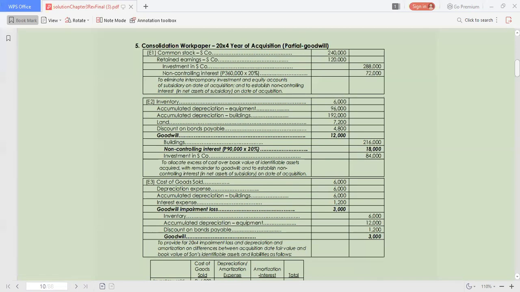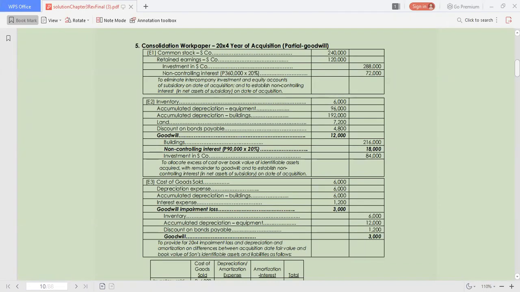Now, likewise, we credit buildings for 216,000 and non-controlling interest at the rate of 18,000. We are crediting non-controlling interest for another 18,000 and credit investment in S company for the amount of 84,000.